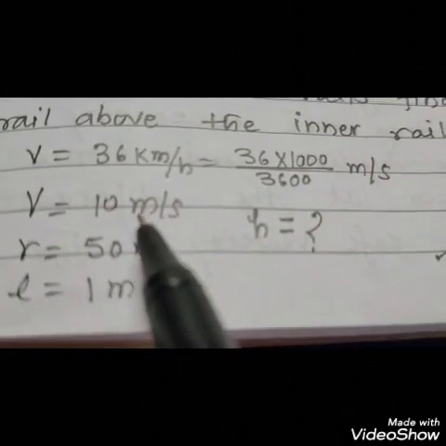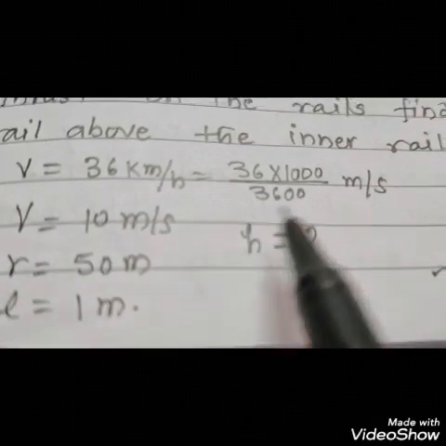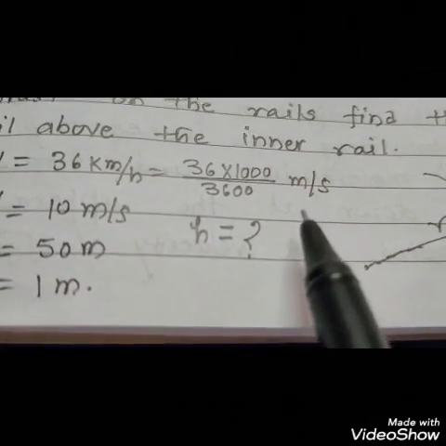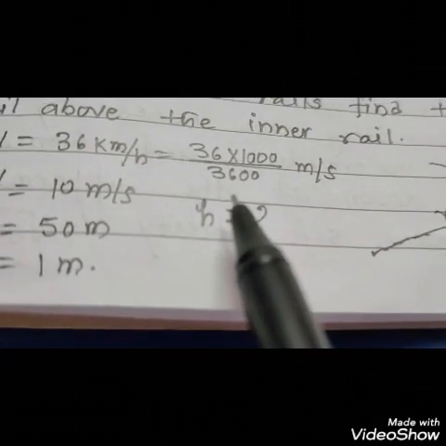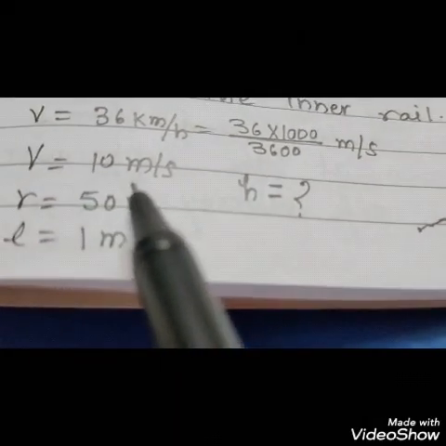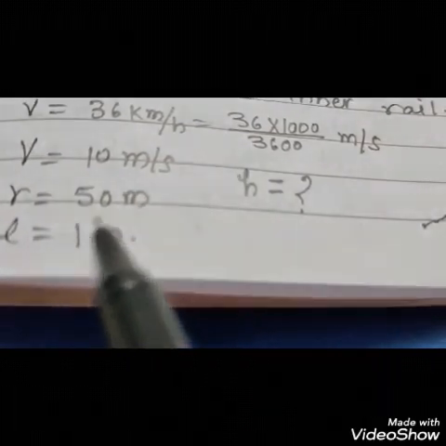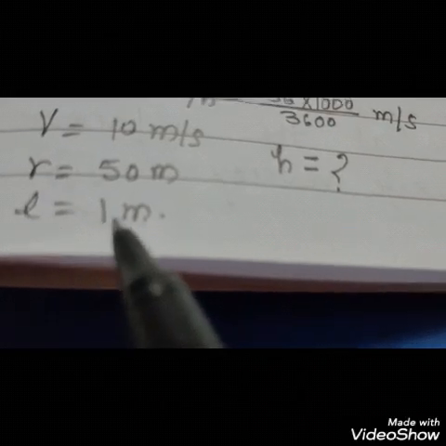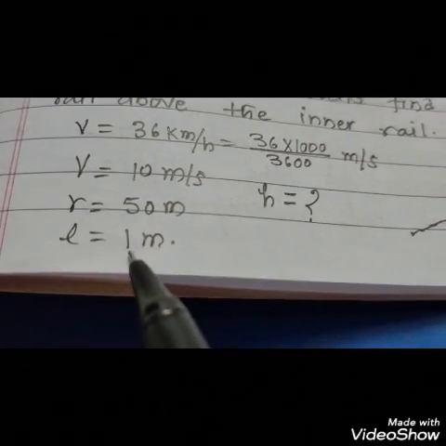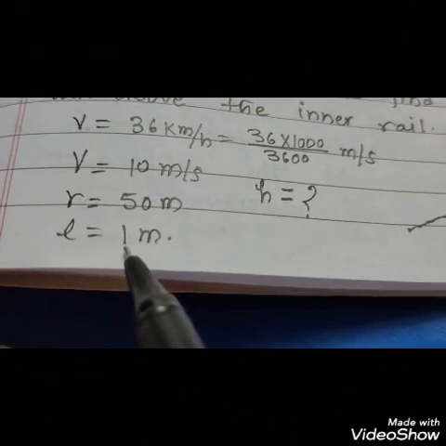The velocity of the train is given 36 km per hour. If we change this into meter per second, we'll multiply with 1000 divided by 3600, that will come 10 meter per second. The radius is given 50 meter. The width of the track is given 1 meter.